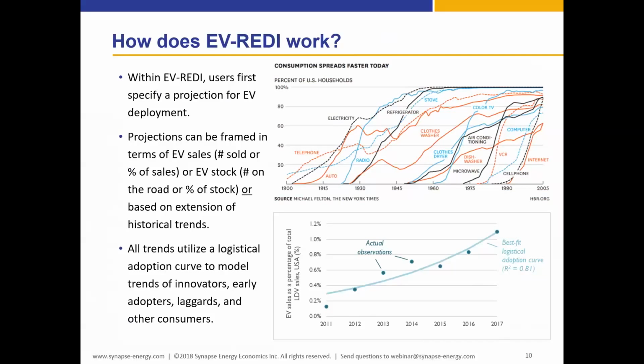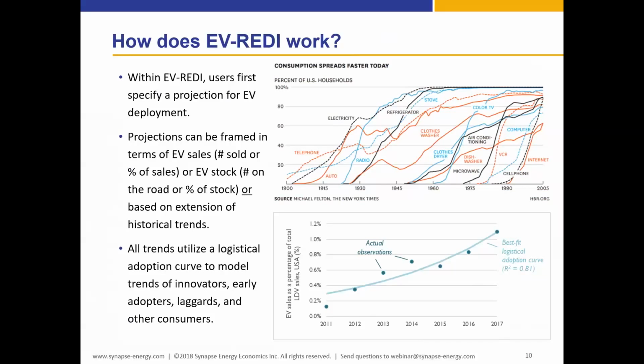And one could compile all of that information into a completely separate curve. Or you could do both and use the logistical adoption curve and that announced data to calibrate against one another and come up with a most reasonable estimate of EV sales projections. But the tool itself is very flexible and really can do any one of those.